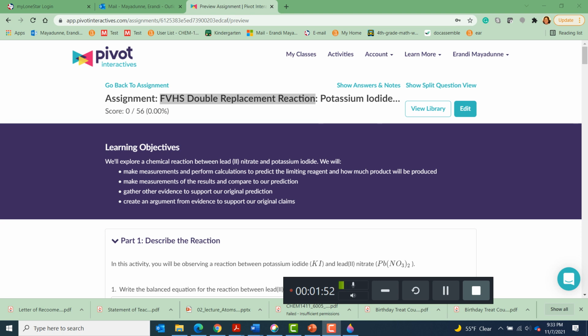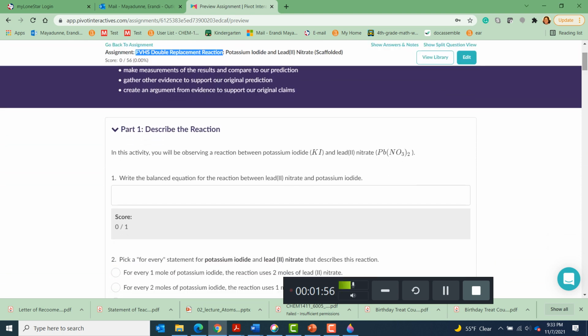So the very first question they are asking is: write the balanced reaction equation for the reaction between lead nitrate and potassium iodide. They make the question easier by giving you how to write lead nitrate.